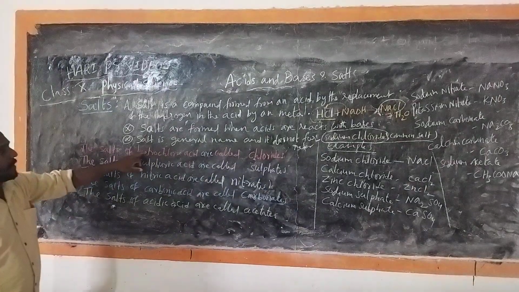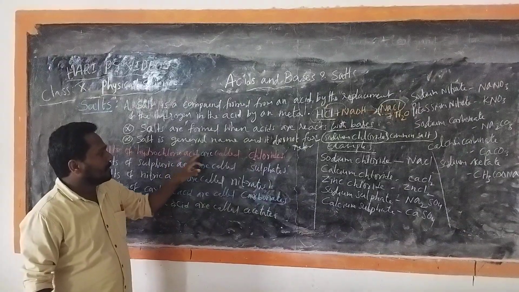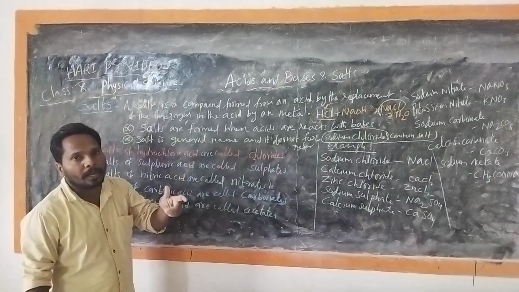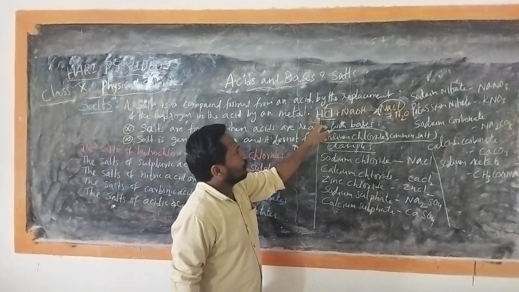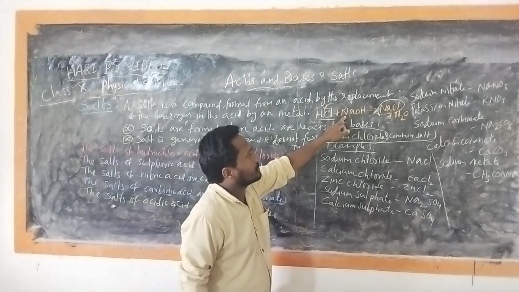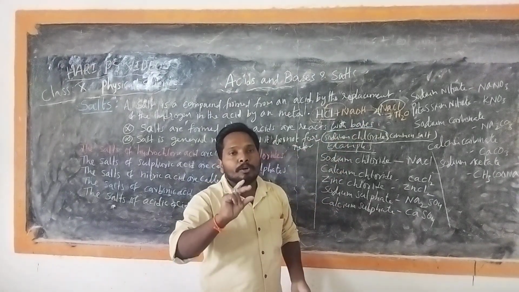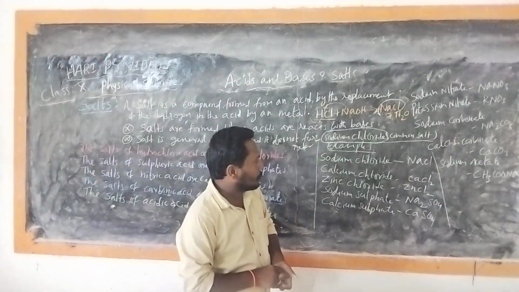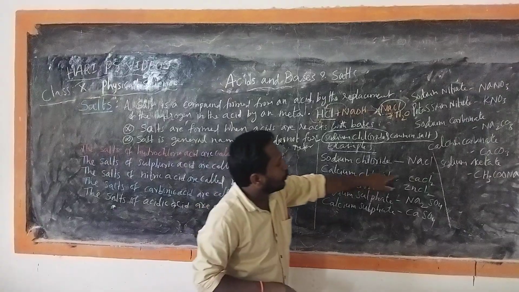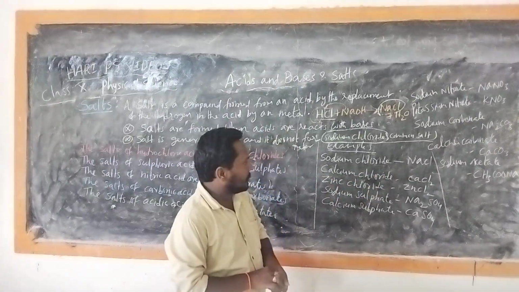The salts of hydrochloric acid are called chlorides. Hydrochloric acid reacting with sodium hydroxide gives sodium chloride, so it is a chloride salt. Similarly, examples are calcium chloride and zinc chloride.